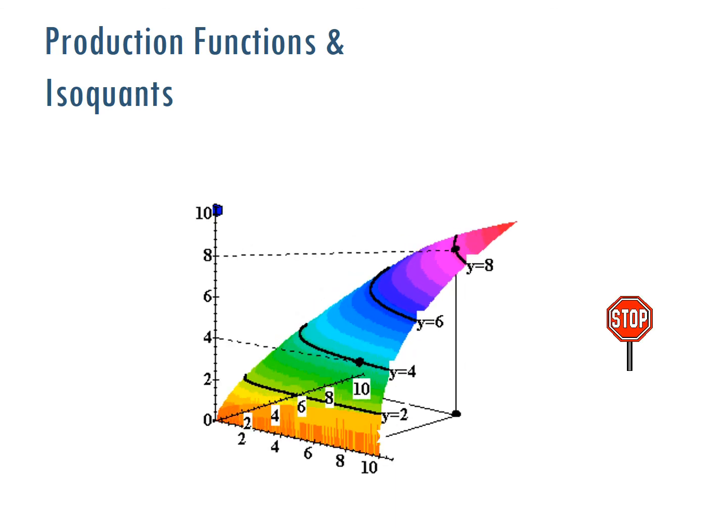And you end up with your production function. It looks exactly like a utility function. They are both curved planes. So again, this is the relationship between the production function and the isoquant. Production functions are really 3-dimensional, but isoquants are usually represented in 2 dimensions in the xy plane.